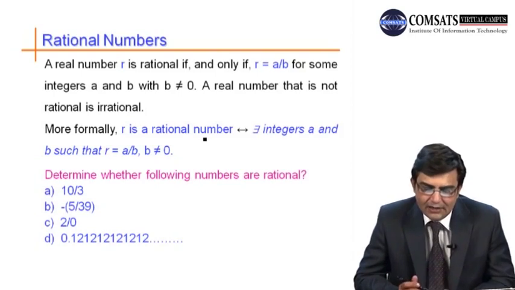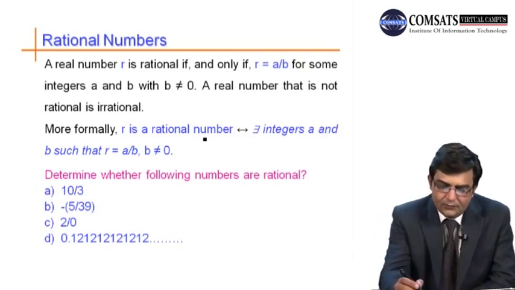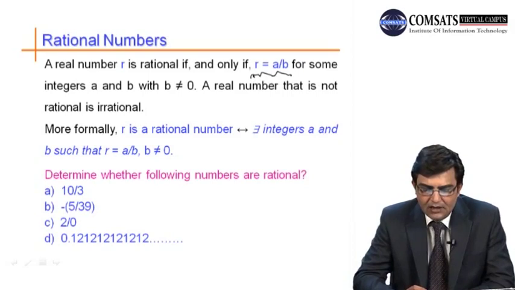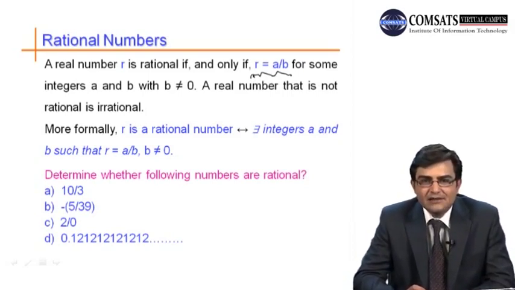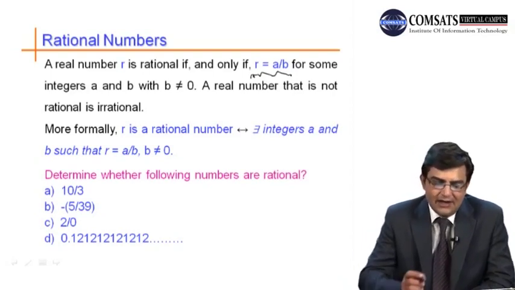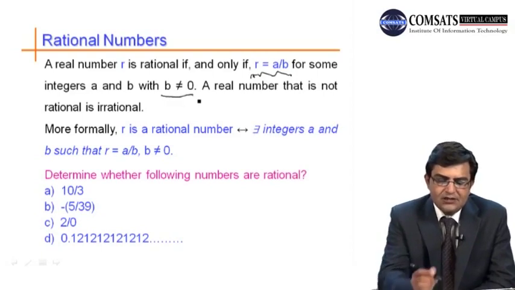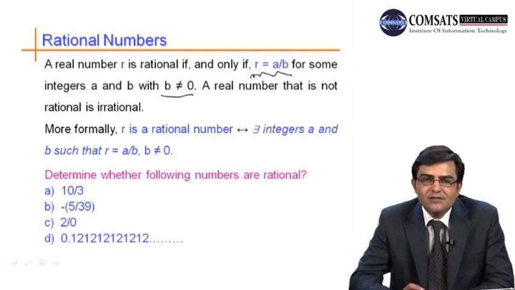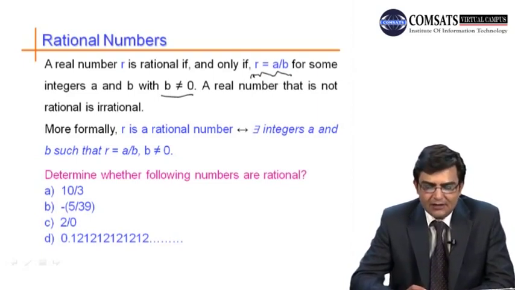For example, R can be written as A divided by B, where A and B must be integers, and there is another condition on B: B must be non-zero. If B is 0, any number over 0 becomes undefined in mathematics.